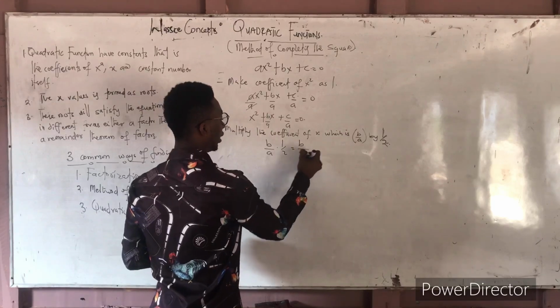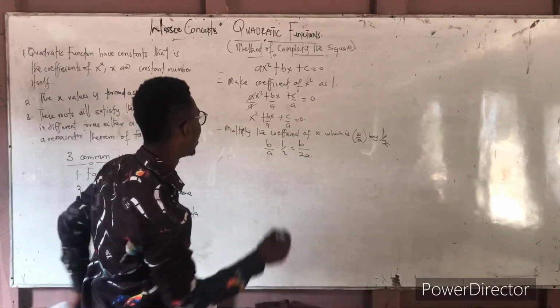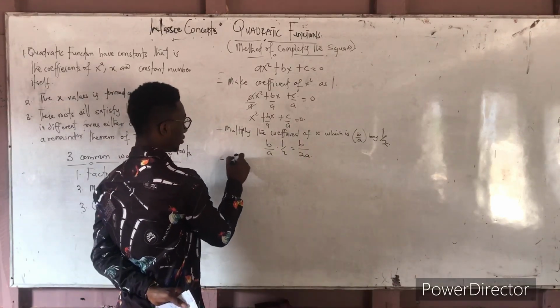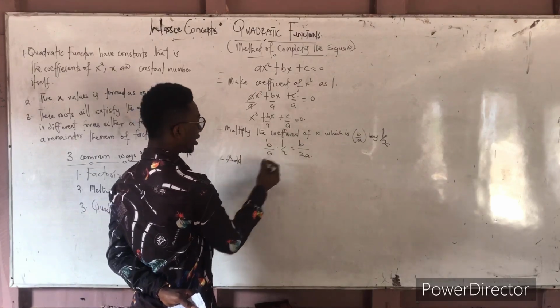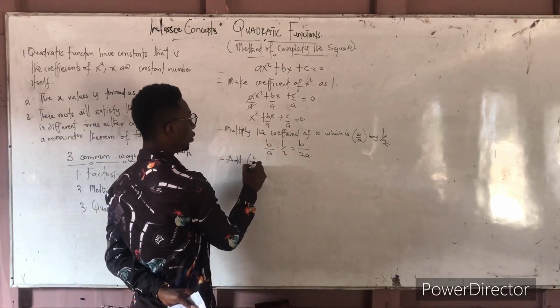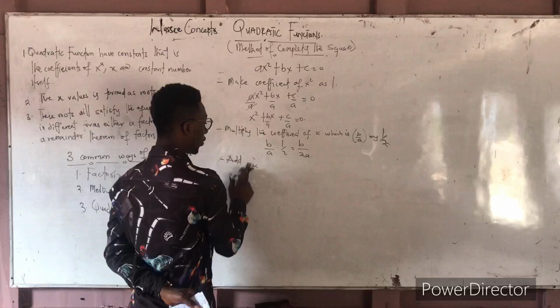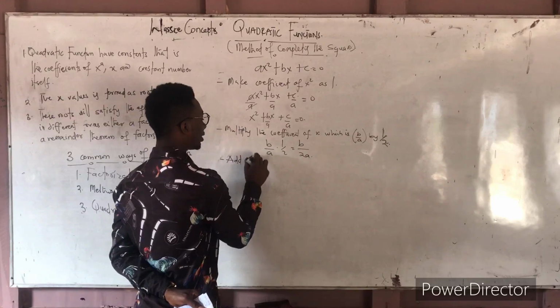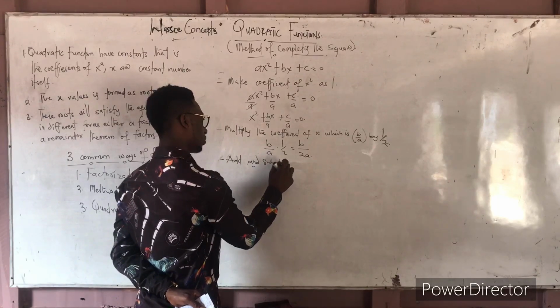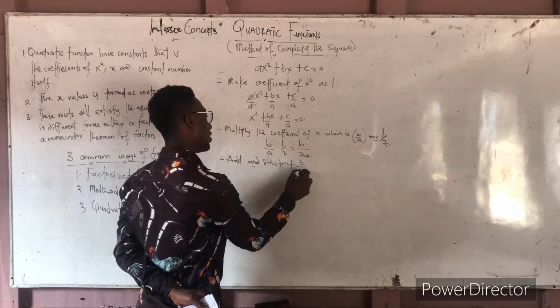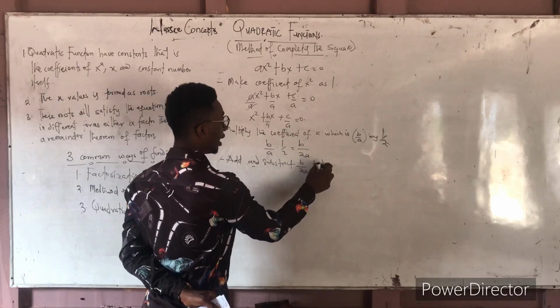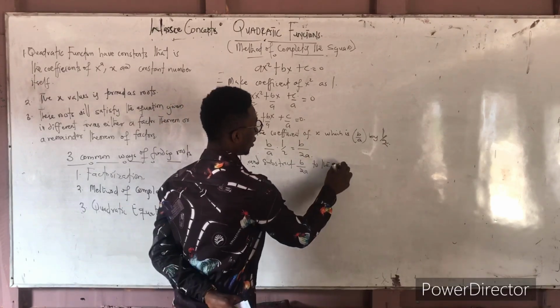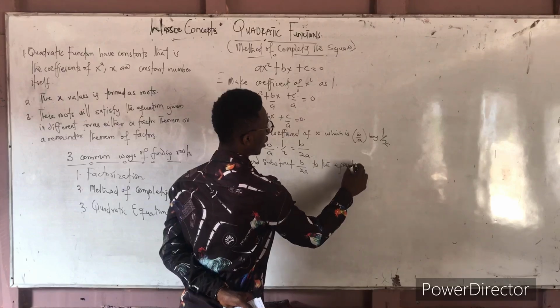B on 2a. Now when you are done with that, you add and subtract b on 2a to the equation, to the quadratic equation.